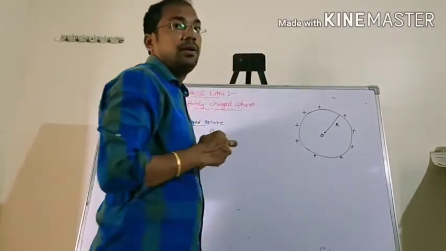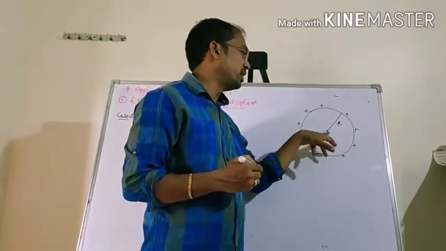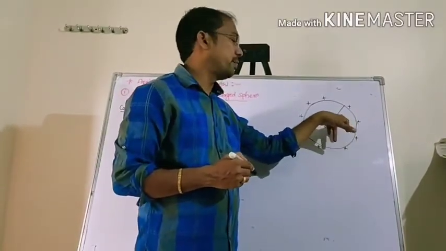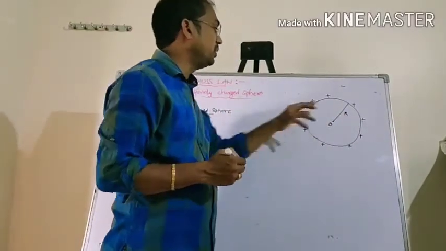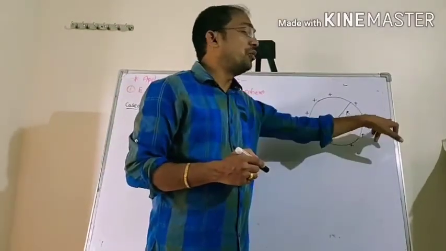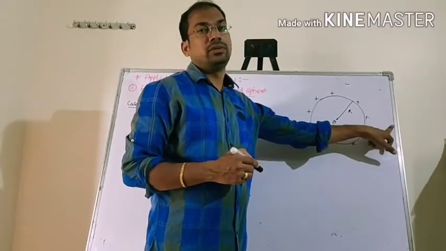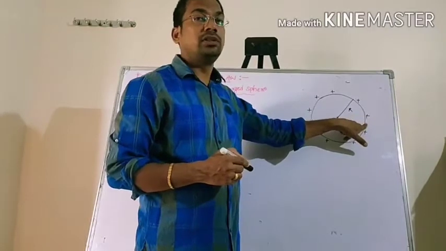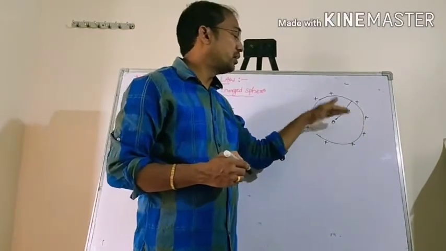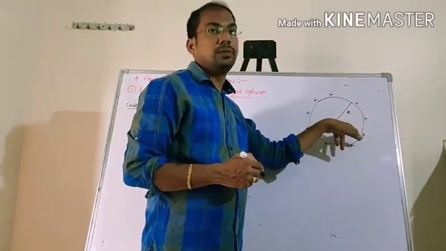In the first case we already found the electric field intensity outside the charged sphere, and in the second case on the surface of the charged sphere. Now the third case is inside the charged sphere.